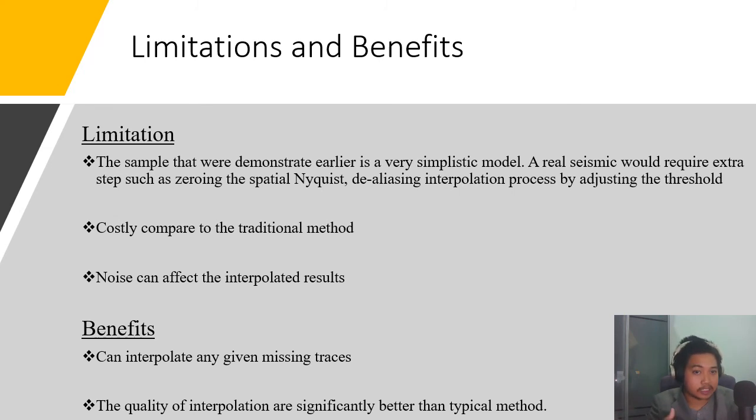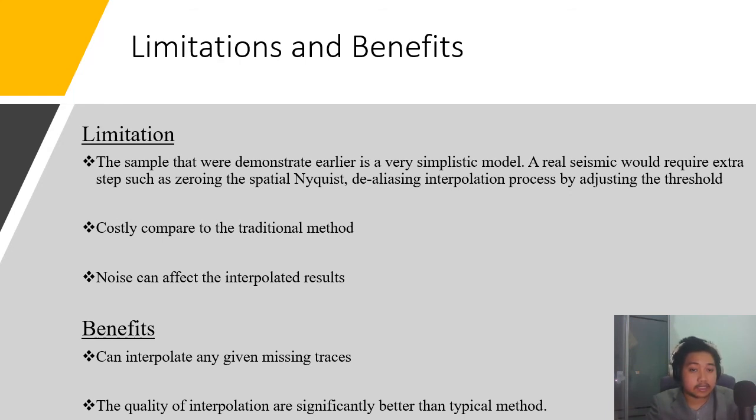have more iterations. The second limitation is that this method is costly compared to other methods, because it requires a lot of iterations, so it uses a lot of computer power or computational resources.